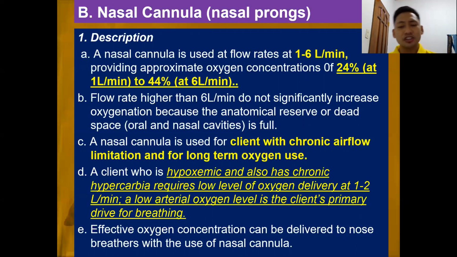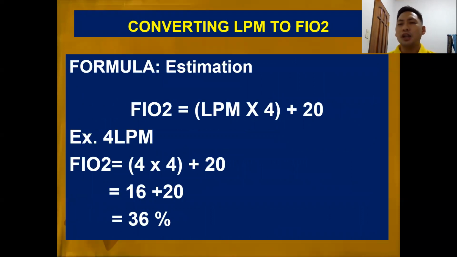Effective oxygen concentration can be delivered to nose breathers with the use of a nasal cannula. So what is the formula? Of course, this formula can be used to estimate, more or less, when using a nasal cannula, at low levels of regulation and low levels of FiO2 concentration.